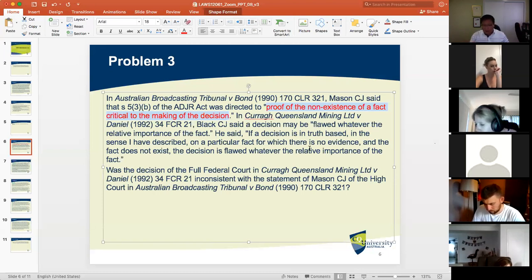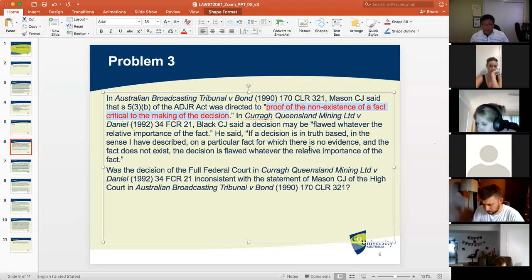One of them is that there is a statutory requirement on the part of the executive or the decision maker to make a finding of fact. So sometimes there is a statutory requirement that you have to make a finding of fact on a particular point. If that finding of fact was not made, then there would have been no evidence to support an essential statutory requirement.